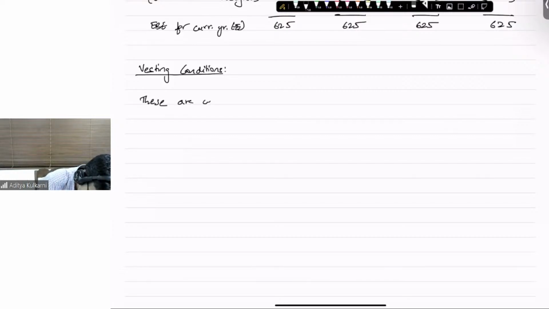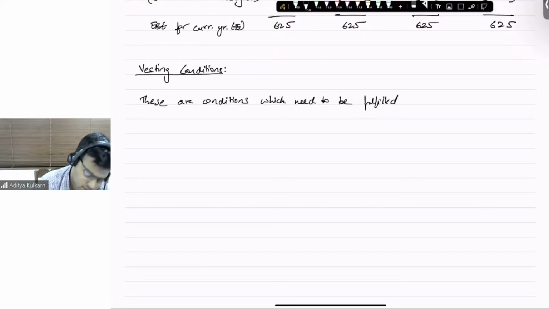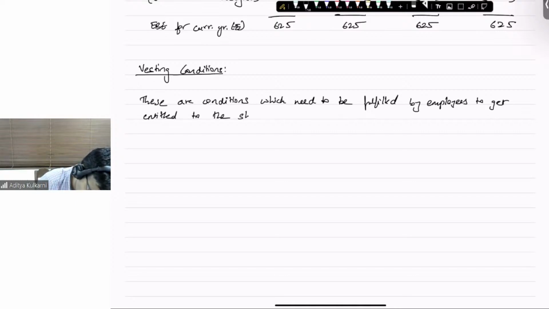These are conditions which need to be fulfilled by employees to get entitled to the shares or options or SARs.